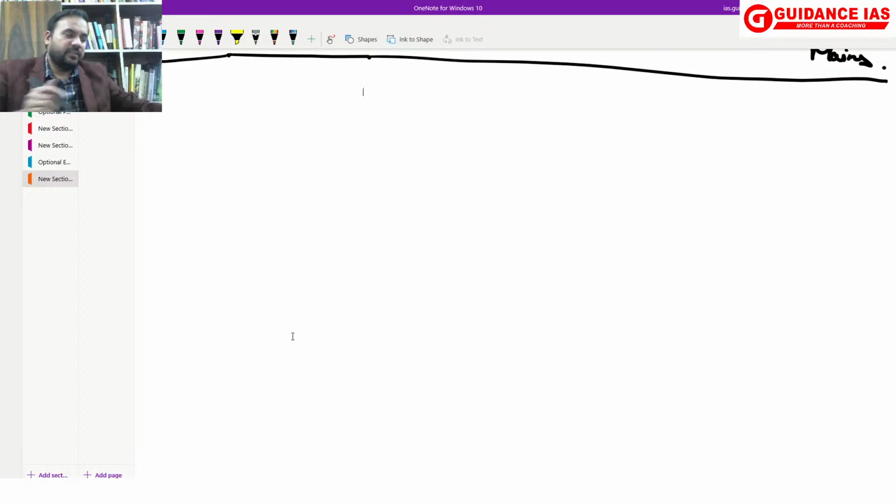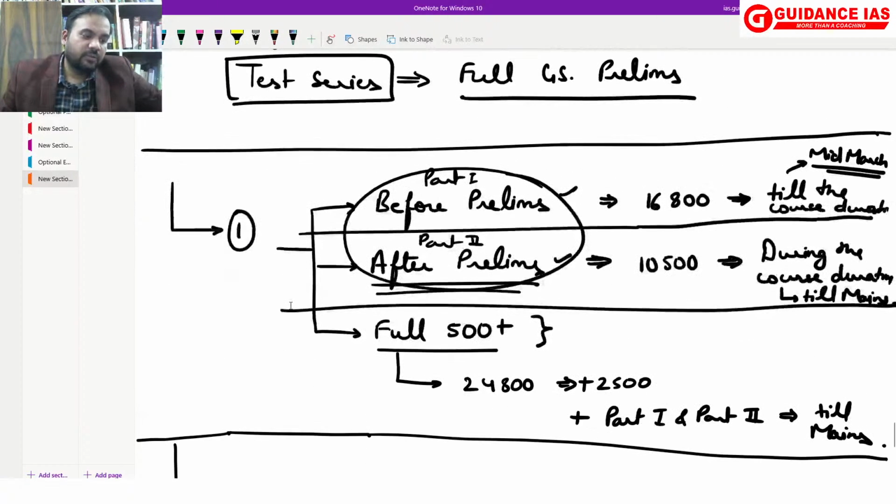Second announcement is with respect to this. Raja is asking same question. If you are joining before prelims and later you are joining after prelims, then these benefits you will not get. फिर से बता देता हूँ.